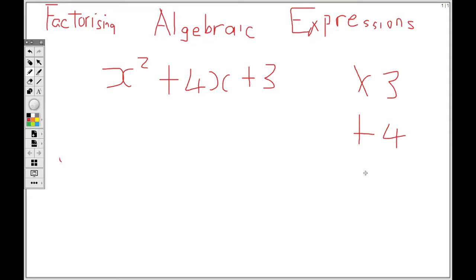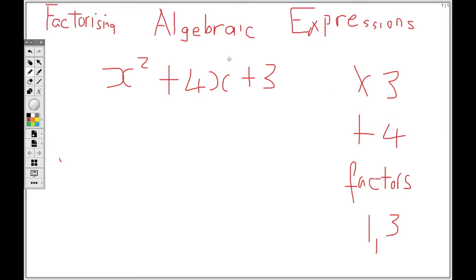These two numbers, we call them factors. So the factors will be 1 and 3, because 1 times 3 will give me 3, and 1 plus 3 gives me 4.